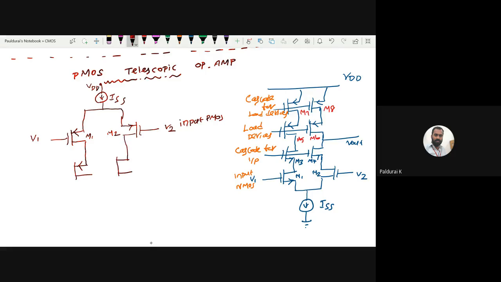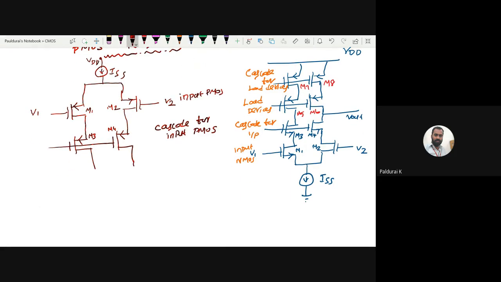I want to give common bias. So this is my PMOS, right? Let me call this M3, this is M4. So proper biasing must be given. Okay, now this is my cascode for input transistors, input PMOS. So the cascode is also PMOS.